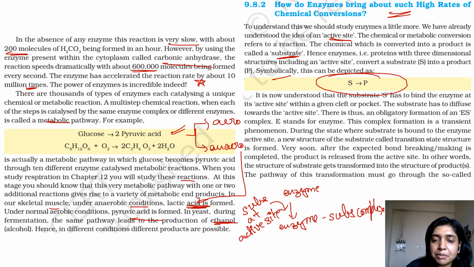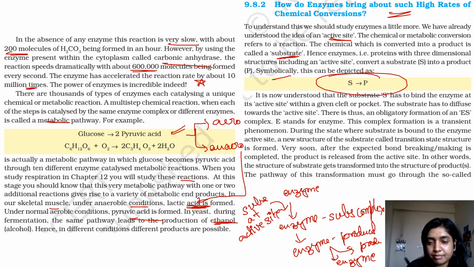Then it forms your enzyme substrate complex. Then it forms your enzyme product complex. Then the product goes out and your enzyme is again ready for another cycle of conversion.